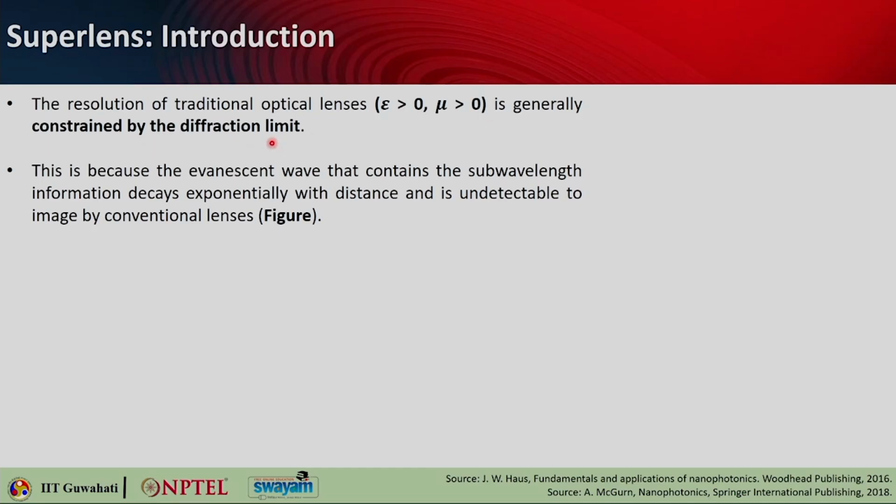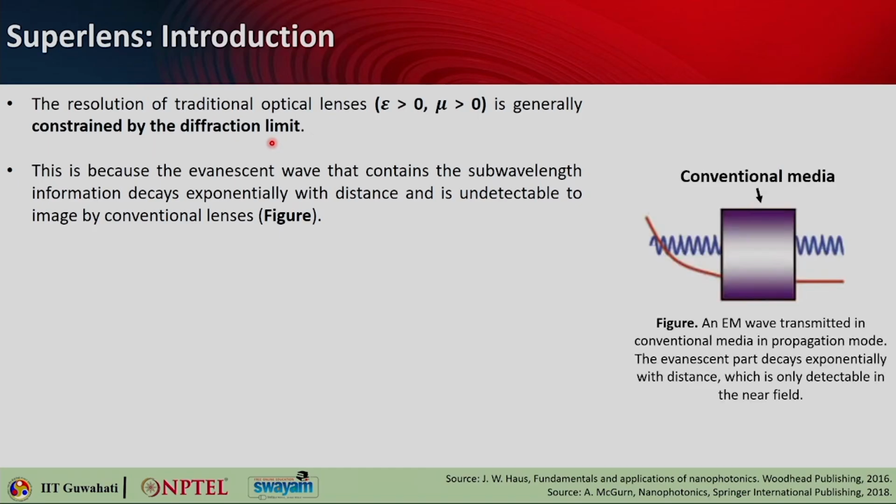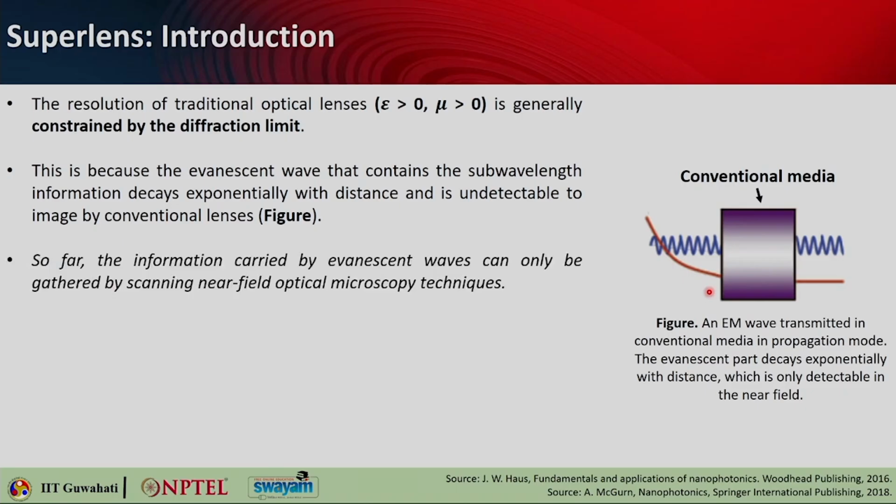This happens because the evanescent wave, which contains the sub-wavelength information, decays exponentially with distance, and it is basically undetectable for conventional lenses to image. So, you are not able to capture any information coming from a sub-wavelength source or sub-wavelength object.